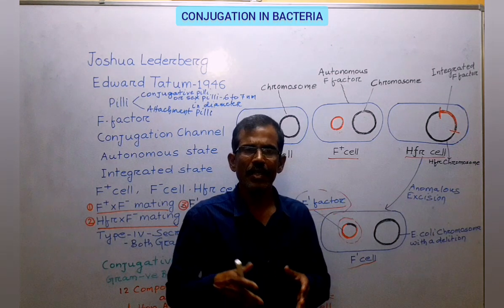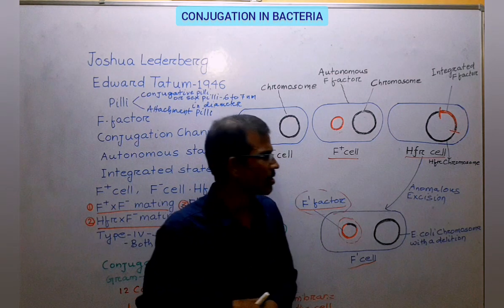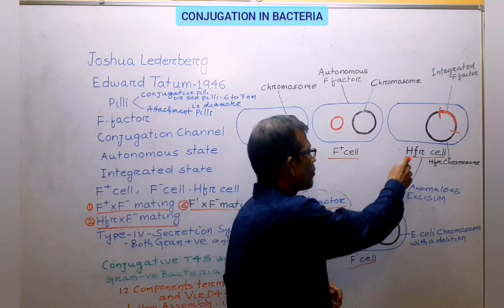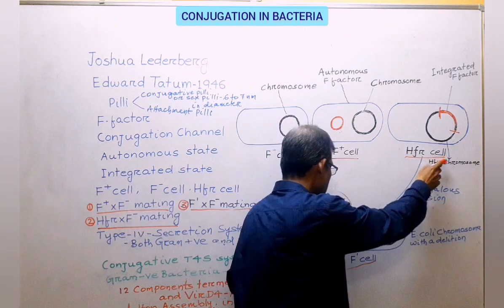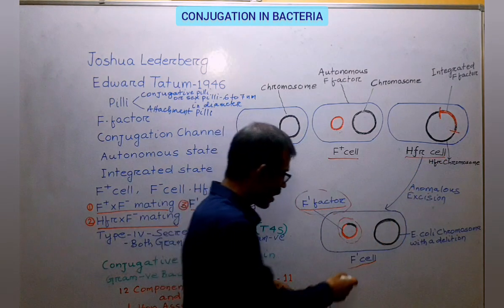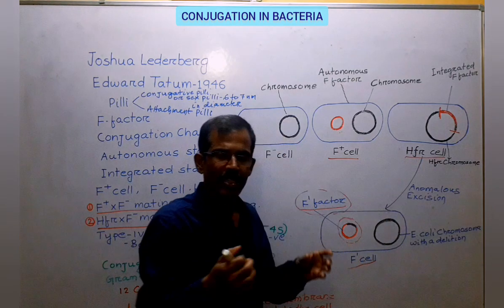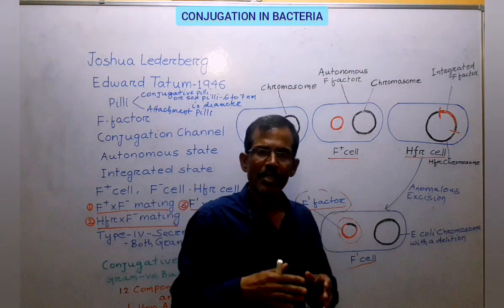So there are three different types of donor cells: number one, F plus cell, number two, HFR cell, and number three, F prime cell. All three of them can transfer genes to a recipient.